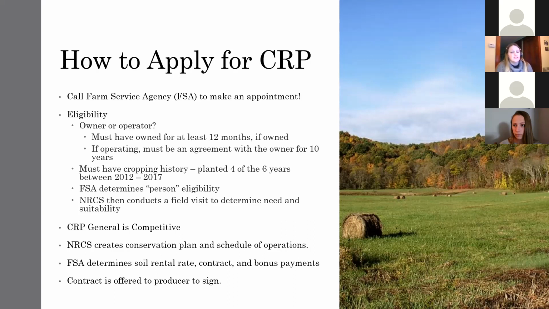Once eligibility is established, then I or the NRCS person for your county will go out to your field, hopefully with you, to discuss what practice you want to put out there and what the needs and suitabilities of the practices are in that area. And then NRCS develops a conservation plan and finalizes the technical details so that FSA can create a contract.